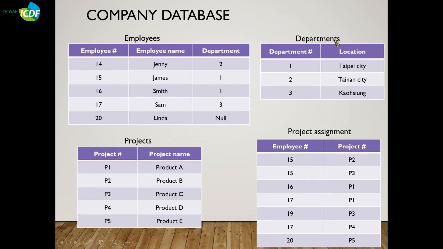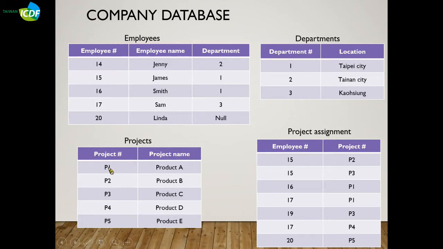As to department, it records the attributes related to departments, for example, department numbers and the locations. Department number 1 is located in Taipei City. The project table illustrates the attributes associated with projects such as project numbers and the project name.